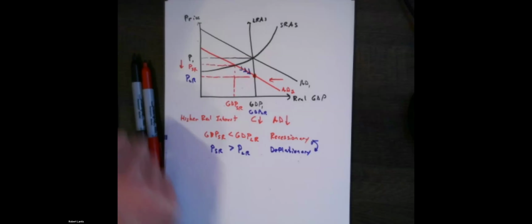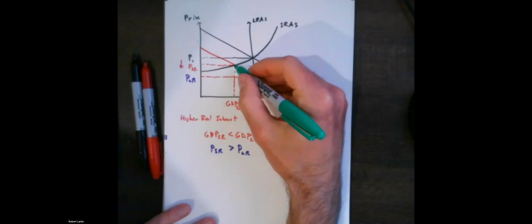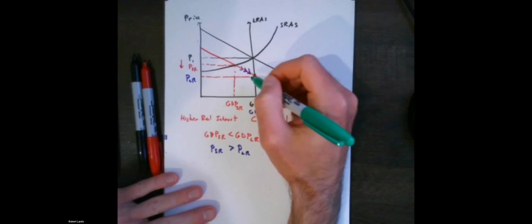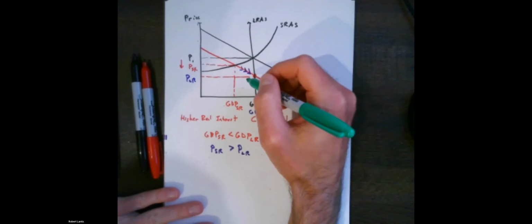So that was a little bit of review, but in response to this, what's going to happen? Well, the current prices are too high. We know there's going to be deflation. So, the opposite of before, if we expect prices to be even lower in the future, what we might want to do is increase our supply today, so we see an increase in short run aggregate supply.